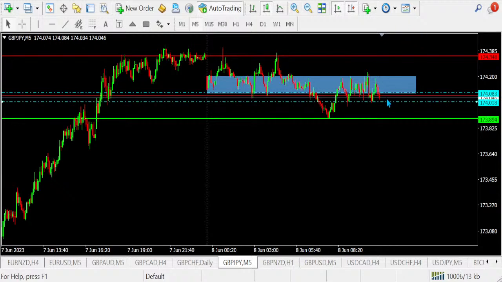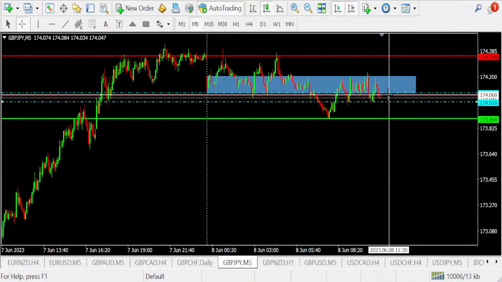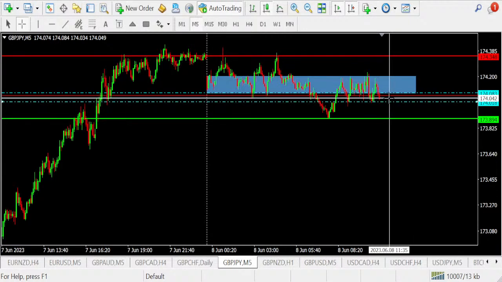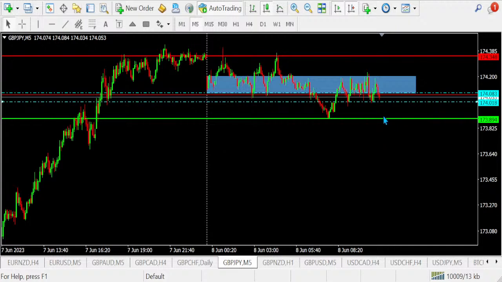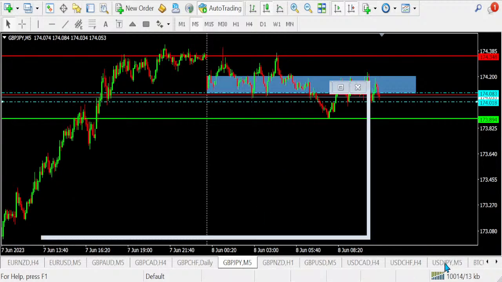Let's see if the pound yen is able to form a lower resistance here, another new resistance below into this area. Well, you should have some 6 pips only. Wait for retest now. I see. Anyway, 6 pips is also good.